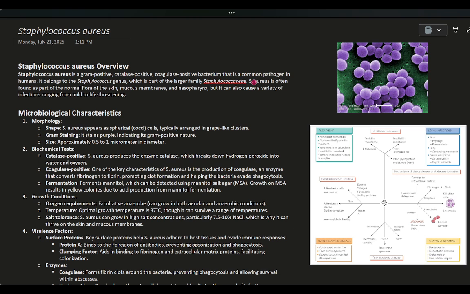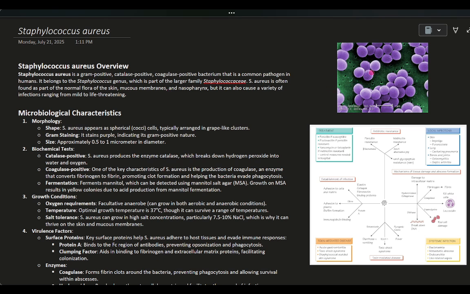The Staphylococcus aureus is often found as part of the normal flora of the skin, the mucous membranes, and also in the nasopharynx. However, it can cause a variety of infections, which can range from mild to life-threatening forms.